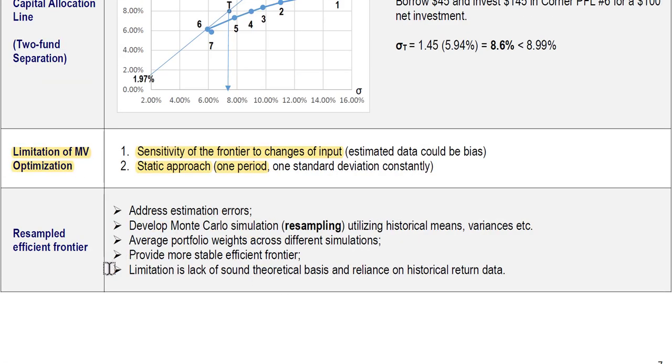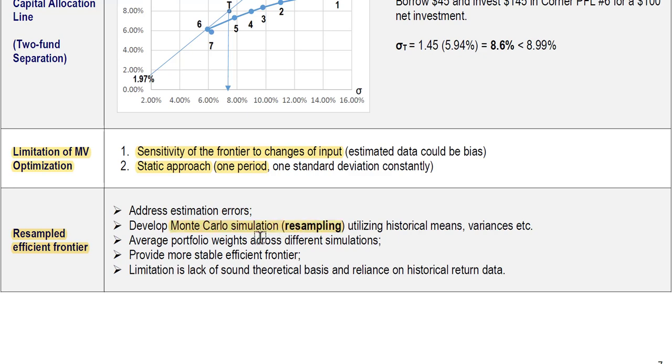To resolve this problem, we usually use the resampling approach to define the efficient frontier. In this resampling process, we use the Monte Carlo simulation.